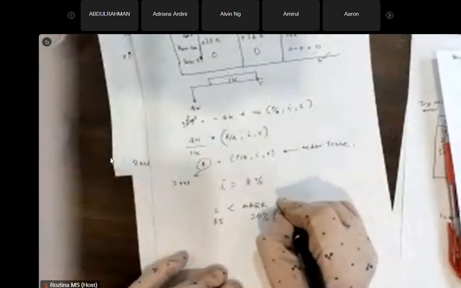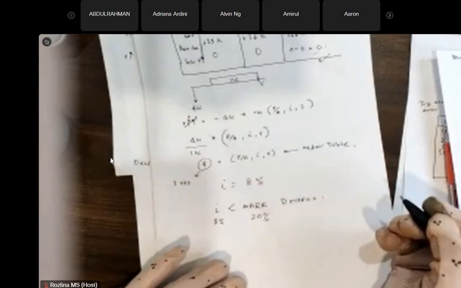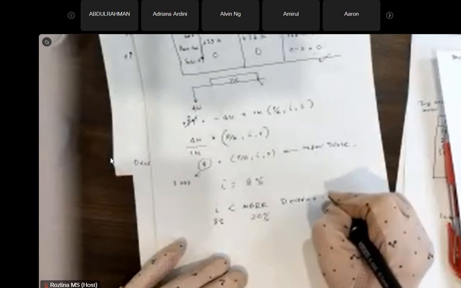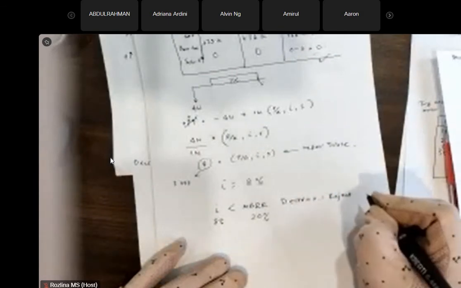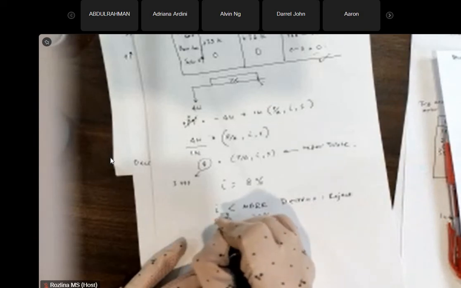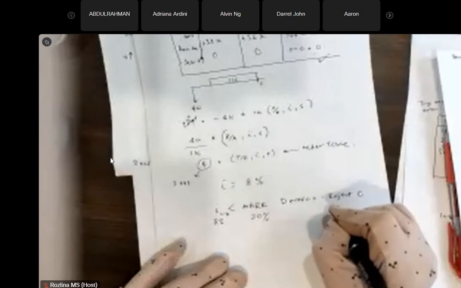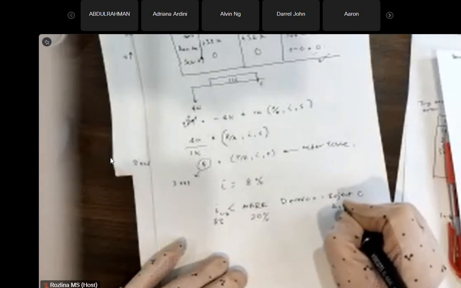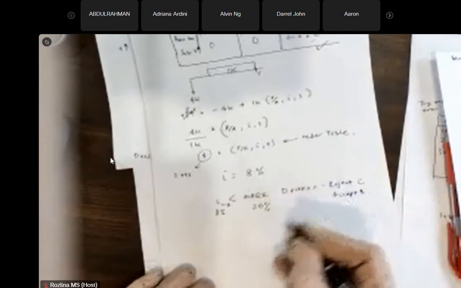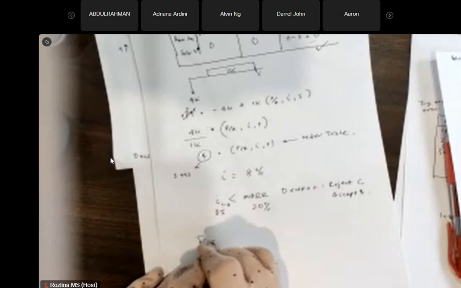So what is your decision? Reject the challenger. This is incremental C, which is C minus B, so reject C, accept B. The last decision is the final decision.